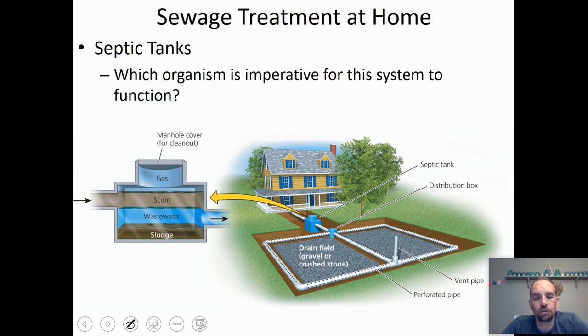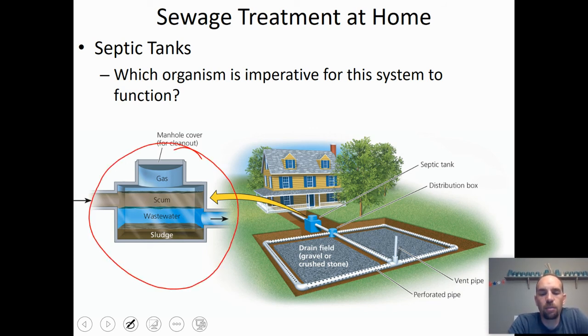When we look at treatment for home, we didn't really talk about this. But some of you may have septic systems, and this is a way, if you don't have a regular sewer system, what happens is your waste comes into a chamber, and the fecal matter and sludge drops down to the bottom.